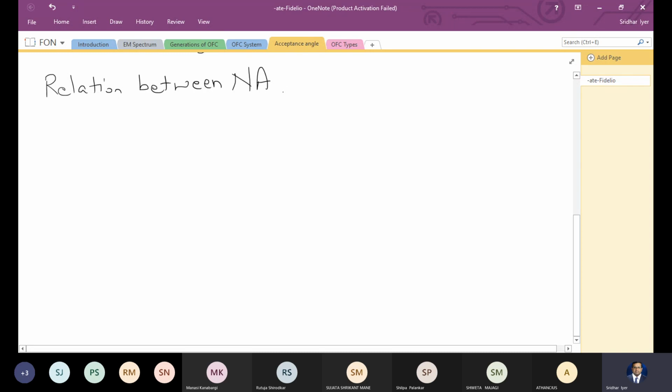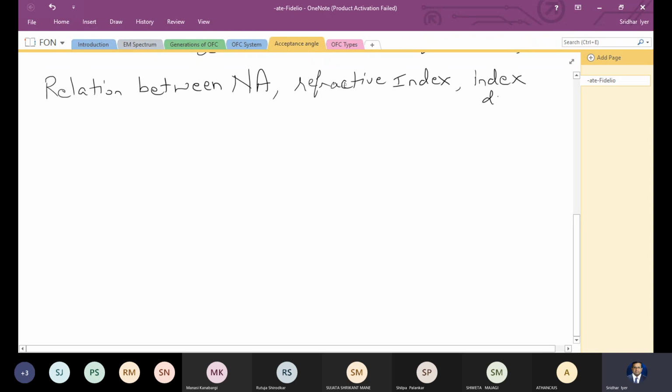That's how it is defined. So we want to see the relation between NA, numerical aperture, refractive index, and something which is known as index difference.